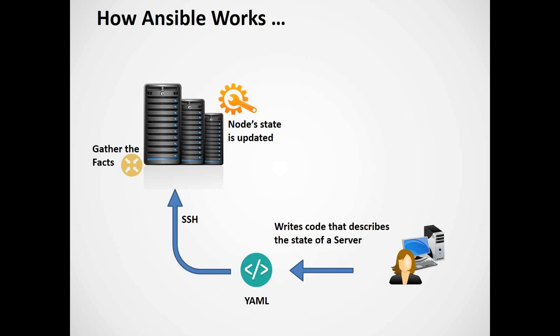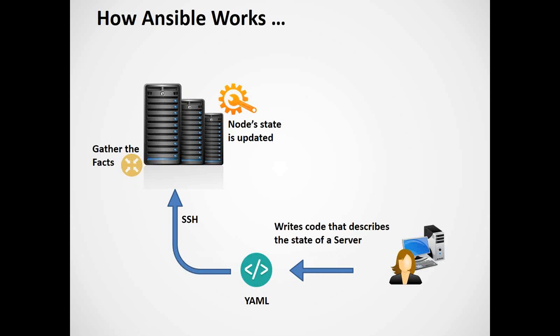Okay, so this is how we are going to work: for each machine, or for a particular set of configuration, you will define a YAML file with code which defines the state of the machine. Using it, we will connect to different machines using SSH, it will compare, and based on the code you have given, it will update the machine automatically.